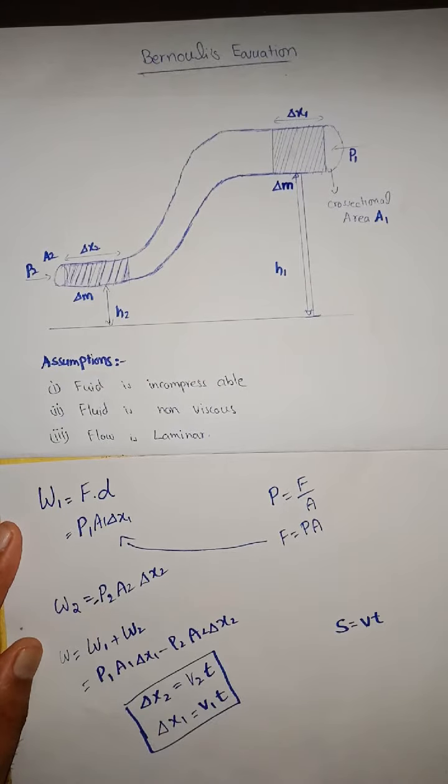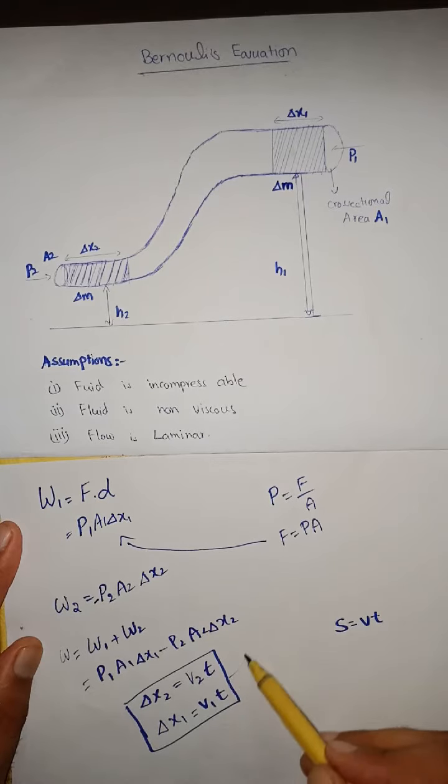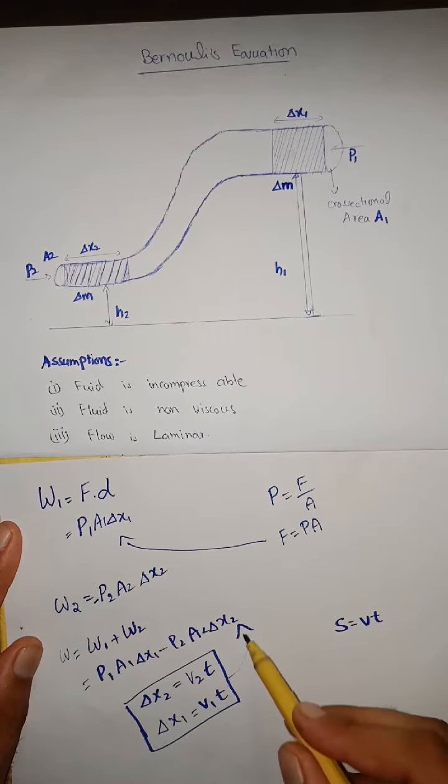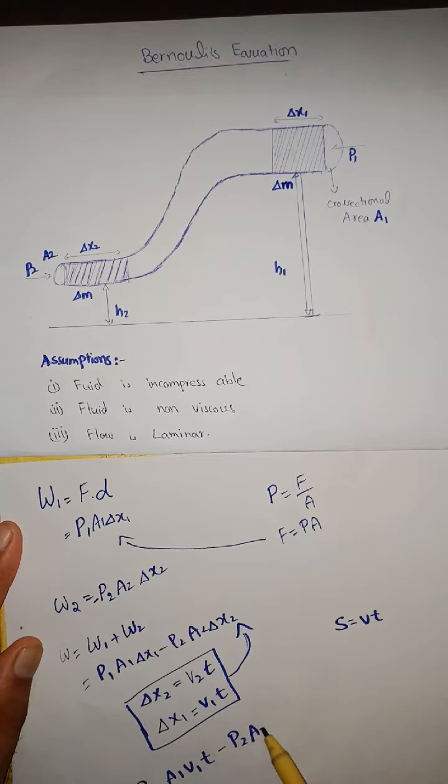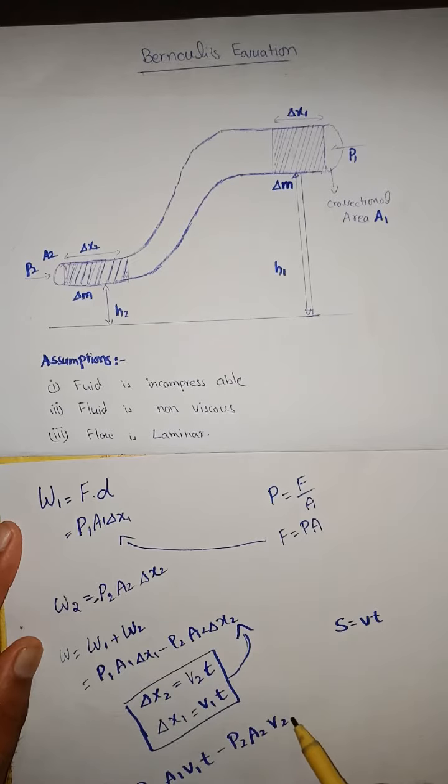Put these values in the above equation, I am showing it with the arrow. Then the net work would be equal to P1 A1 v1 t minus P2 A2 v2 t.